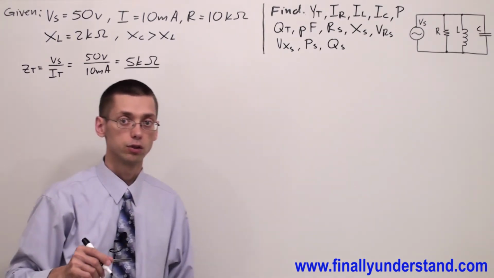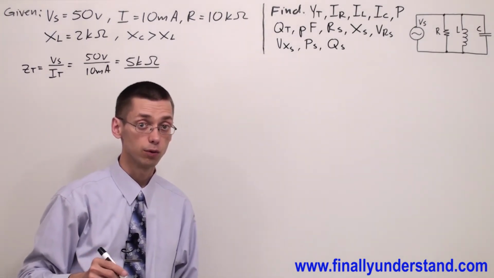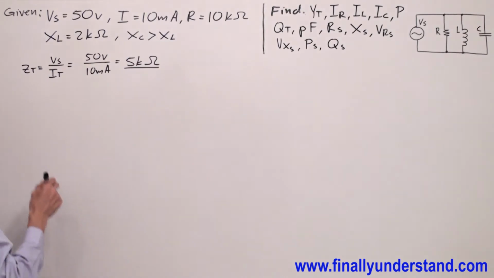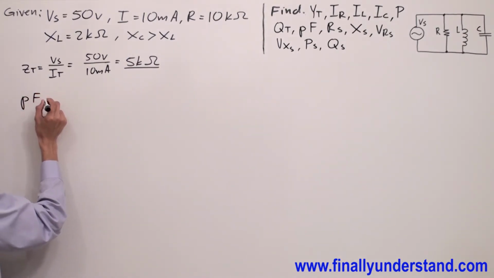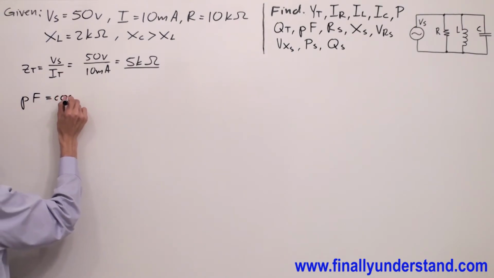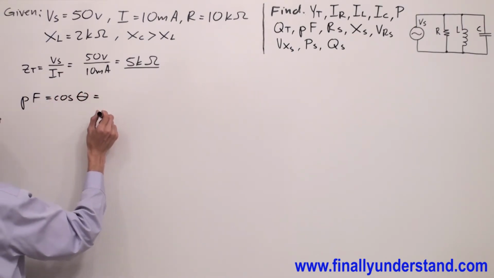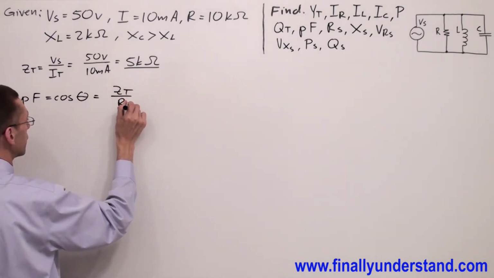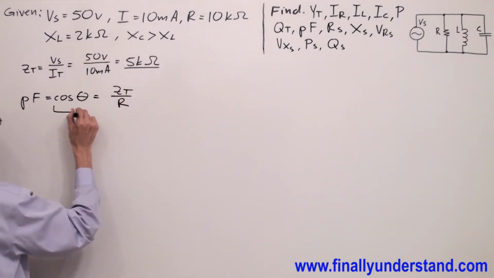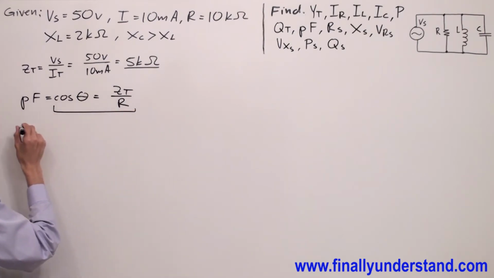Our total impedance doesn't have angle. We have to find angle. So I have a formula for power factor which says power factor is equal cosine of angle theta. This is equal Z total over R. So I'm going to use this part of the formula to find angle theta.